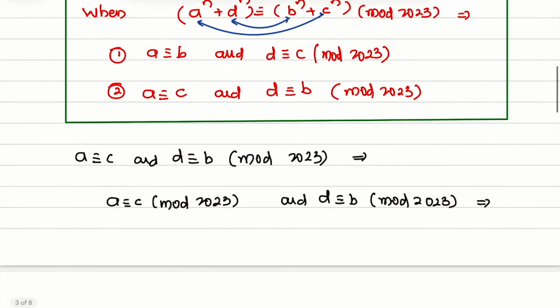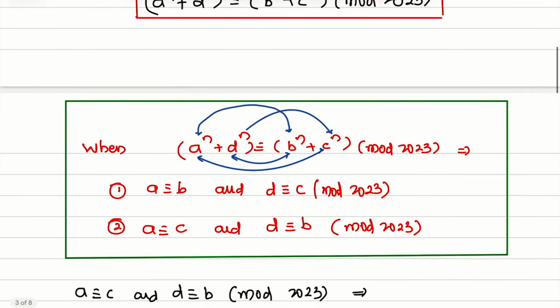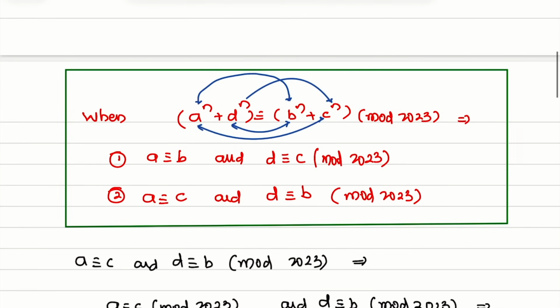Here what we have done: the congruence modulo equation has given the value as a to the power of n plus d to the power of n equivalent to b to the power of n plus c to the power of n mod 2023. When that condition is there, it gives rise to two possibilities.